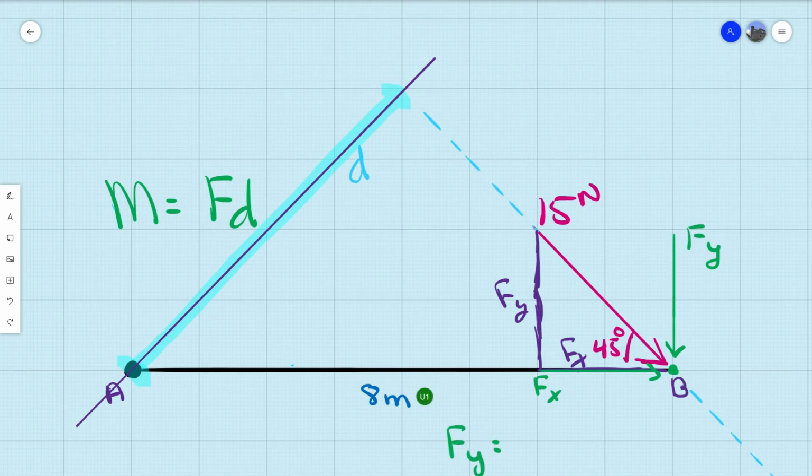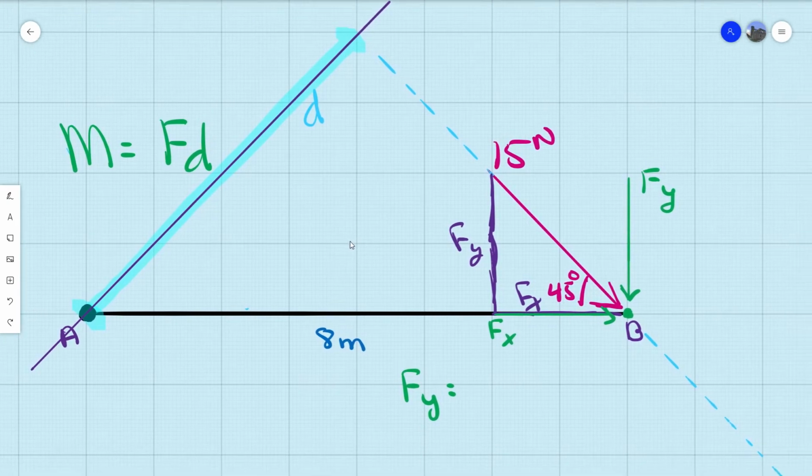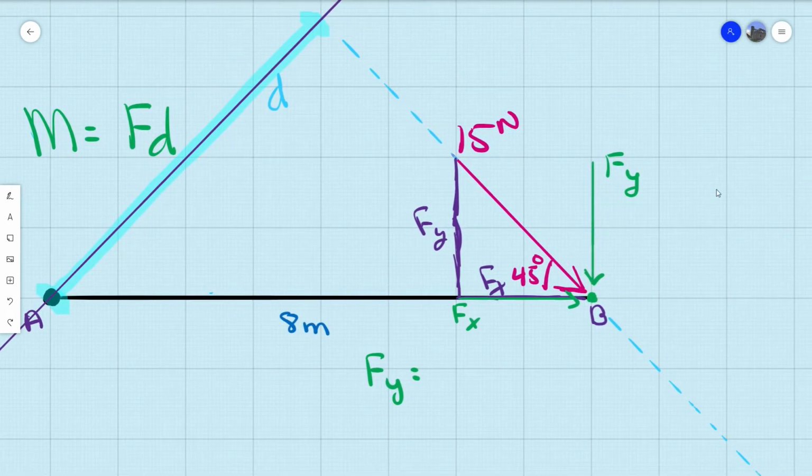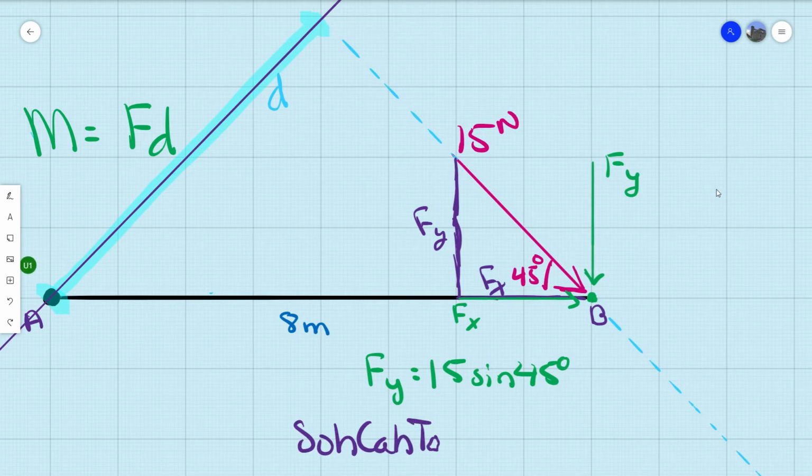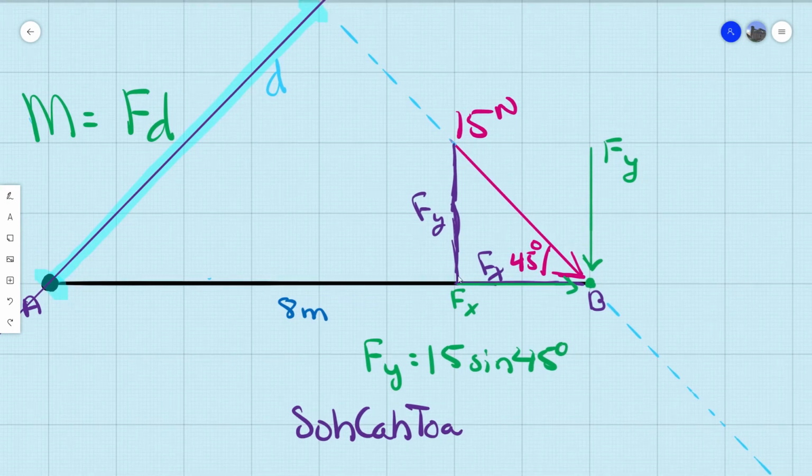So using trig, I can calculate Fy to be 15 times the sine of 45 degrees. And this comes from SOHCAHTOA. 15 is our hypotenuse.